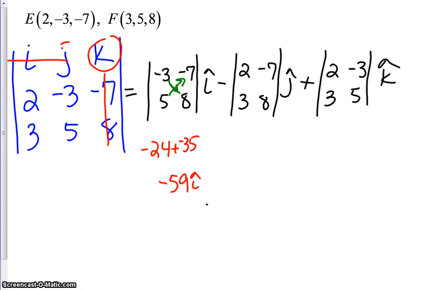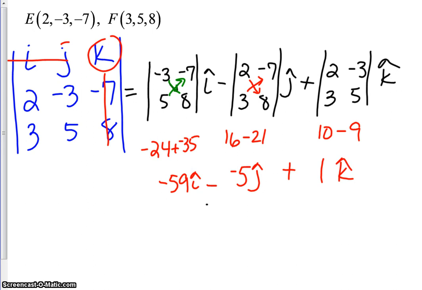Here I'm going down and up this way, so it's 16 and -21. So there I'd get minus a -5 times my j. And then here I'd have 10 and a -9, so it'd be plus 1k. Here I might write that as plus a positive just because we had minus a negative.